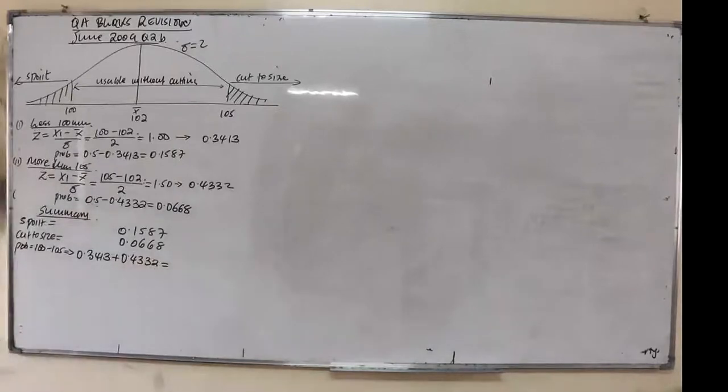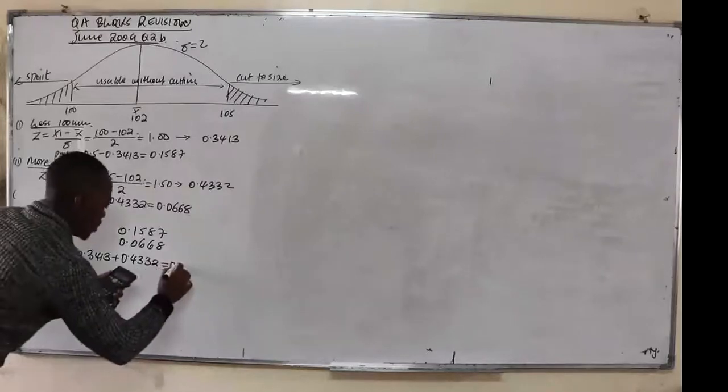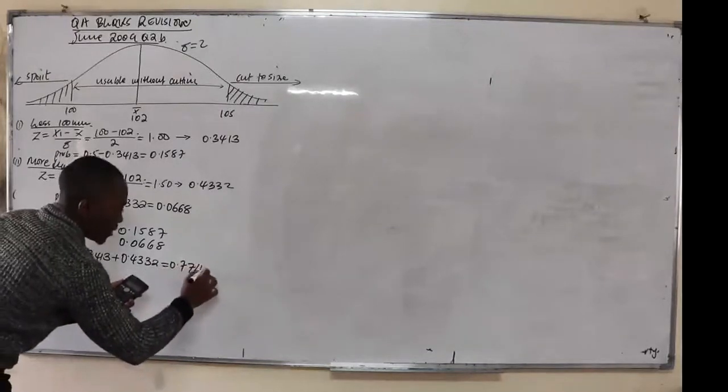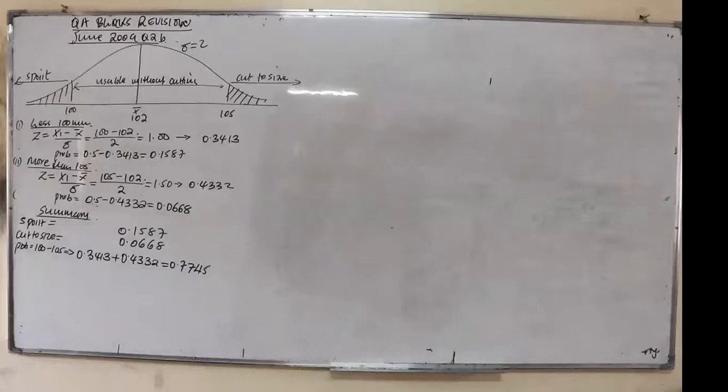So give me that probability. 0.3413 plus 0.4332. And that probability is 0.7745.